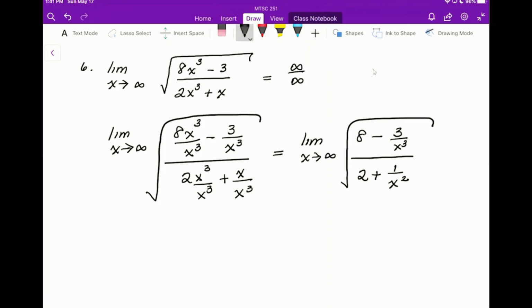So now as we take the limit, in the numerator this term will go to 0. In the denominator, this term will go to 0. So now we get the square root of 8 divided by 2, which is the square root of 4. The answer is just 2.